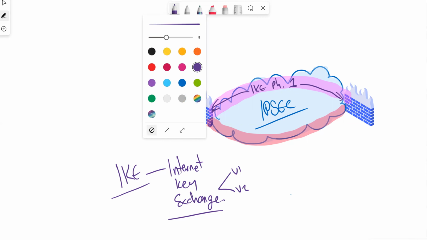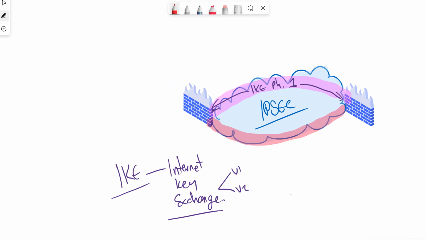So that's phase one. Then phase two, I'll get my red pen here. Phase two is predominantly where all our traffic will go. This is all our data traffic. So IKE phase one, and then IKE phase two, or the tunnel two, is our IPsec traffic essentially. So that's how it happens.